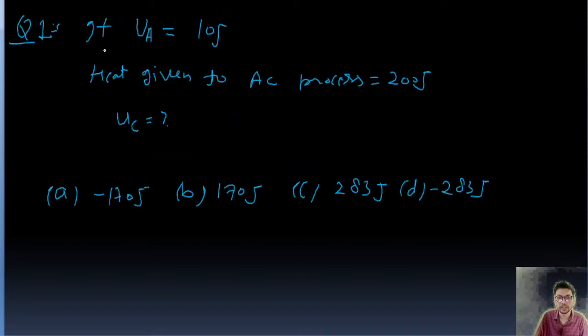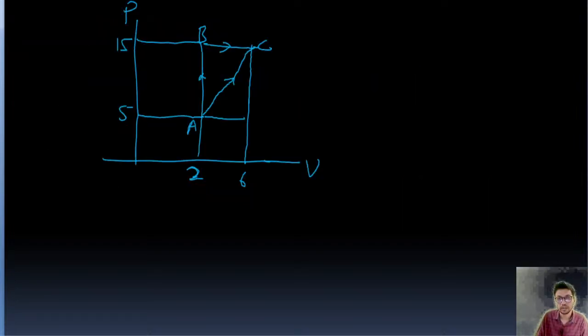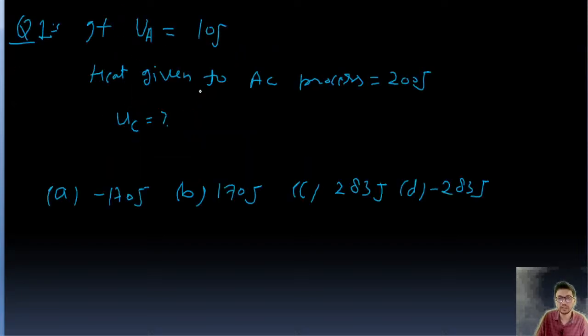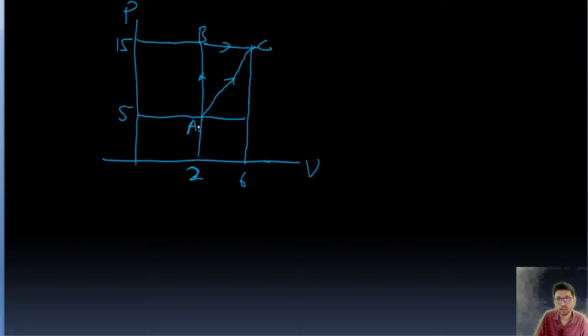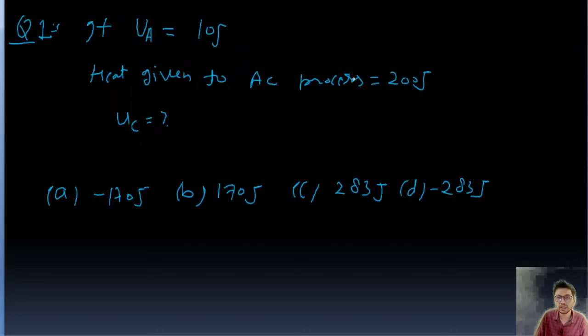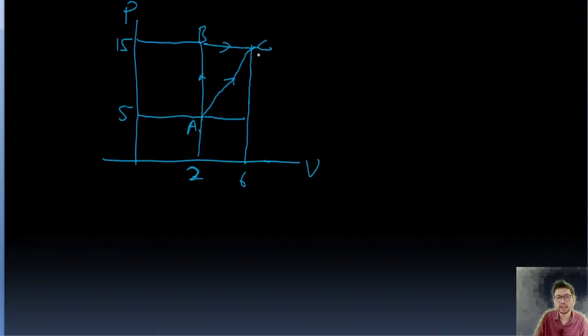So we have been given here UA, the initial internal energy at this point, that is 10 joule. Heat given to the AC process: we are going from A to C, and for going A to C the heat given is 200 joule guys, and you need to find out the internal energy at this point.